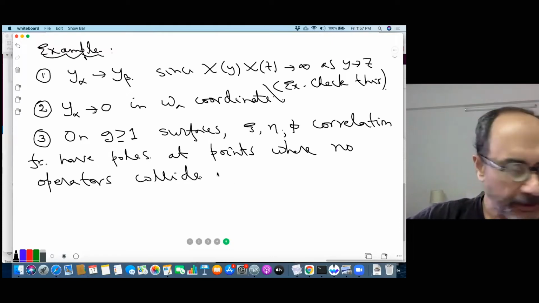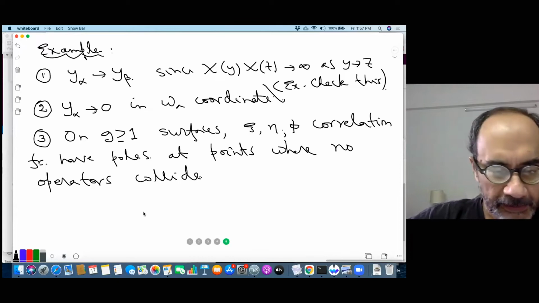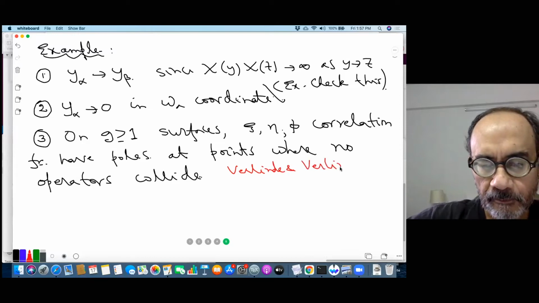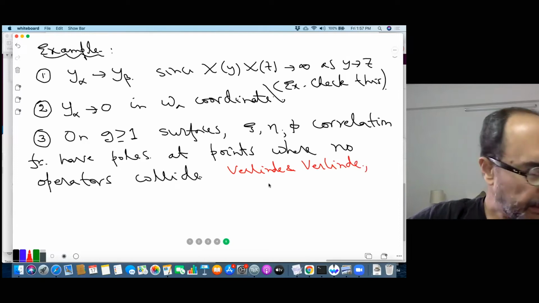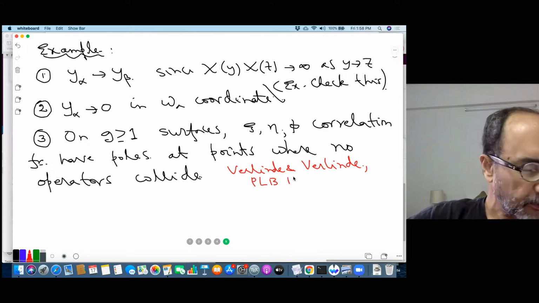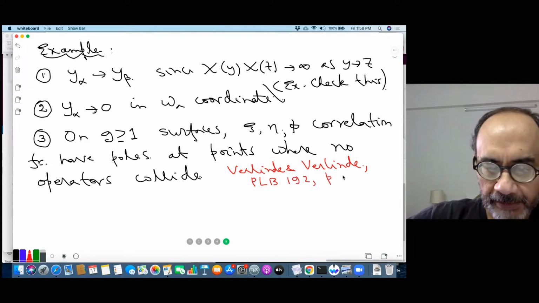I'll not write down the form of the correlation function, but let me give the reference. This is Verlinde and Verlinde, Physics Letters B, an old paper, 192, page 95.